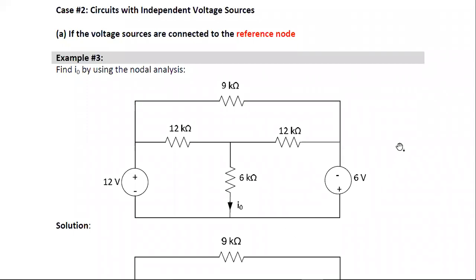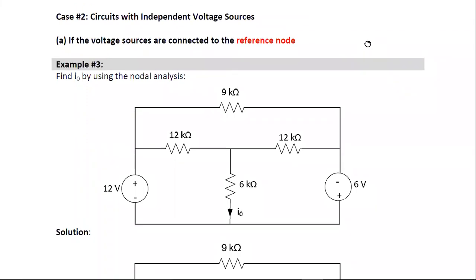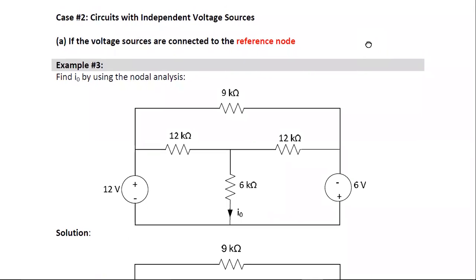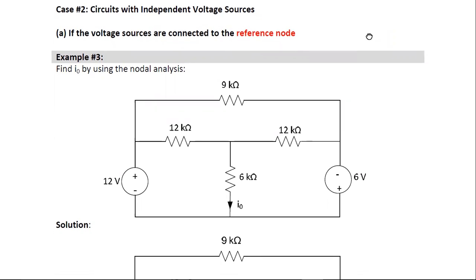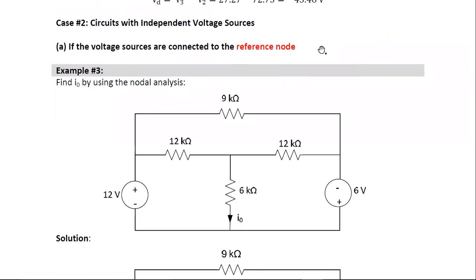In our last session we discussed case 1 with independent current sources, but in this session we will discuss case 2, circuits with independent voltage sources. How will the nodal equation exist if I have independent voltage sources?